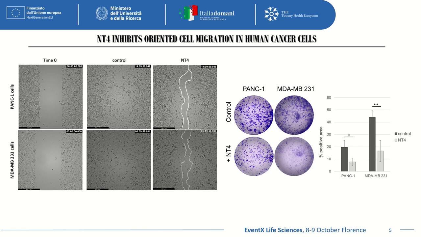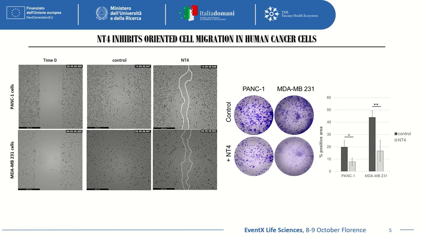We also analyzed how this peptide was effective in another in vitro model for cancer invasiveness, which is the ability of the cell to make colonies. You just seed the cells at very high dilution, wait for some days, and then measure how many colonies are formed.